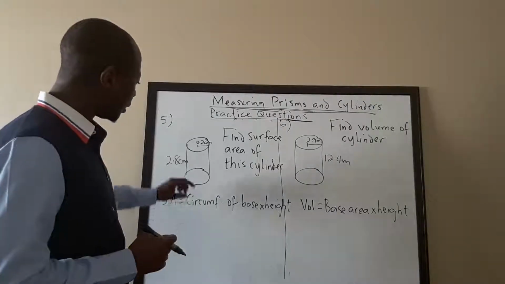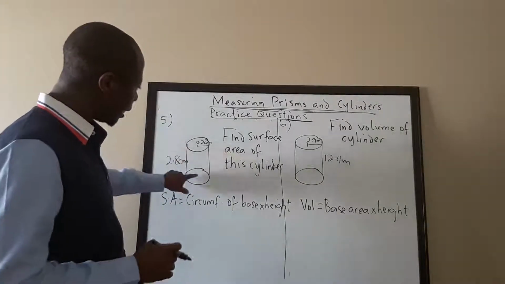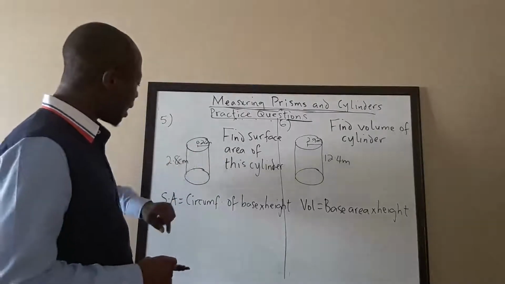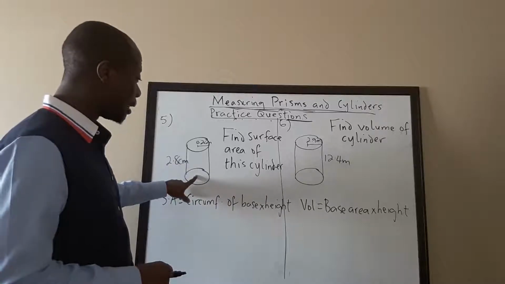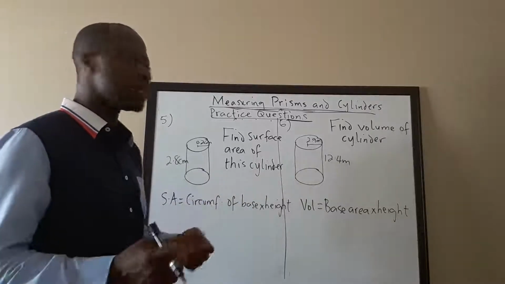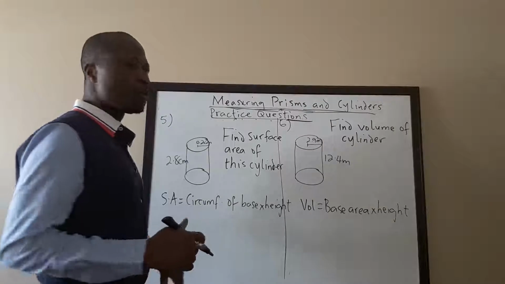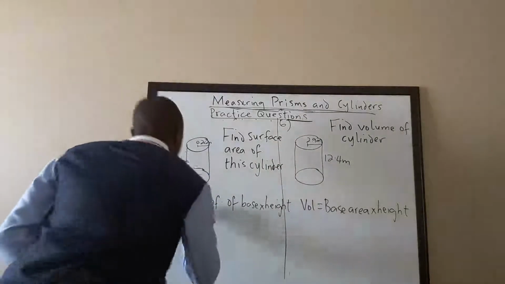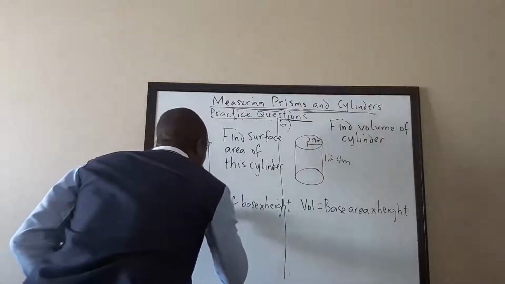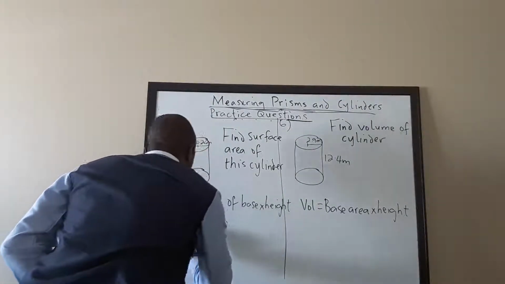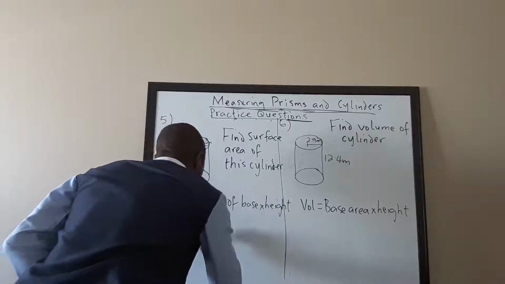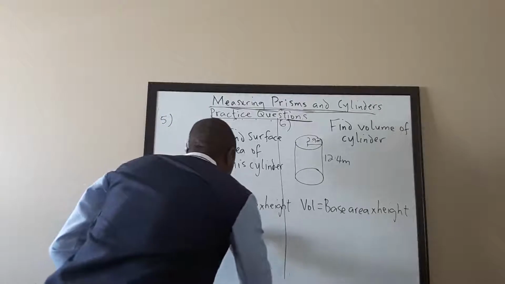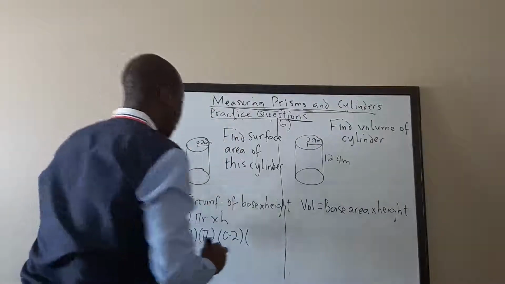So the base is identical to this, so we're going to use this radius, and the base is a circle, so the circumference of a circle is 2 pi r or pi d, because diameter is 2 times the radius. So this is 2 pi r times the height, which is 2 pi is 3.14, the radius is 0.2, and the height is 2.8.